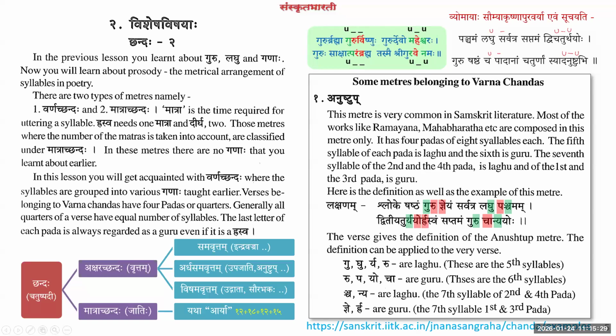the last letter of each pada is always regarded as a Guru, even if it is Laghu. I'm not contesting that. But that rule is required when the last letter is involved in a Vrutta definition. Here the Vrutta definition doesn't require the Gurutva or Laghutva of the last letter, so why am I bothered? It happens to be Guru, I'm not denying.